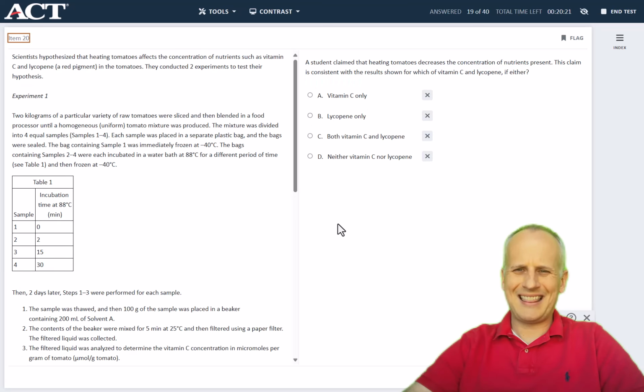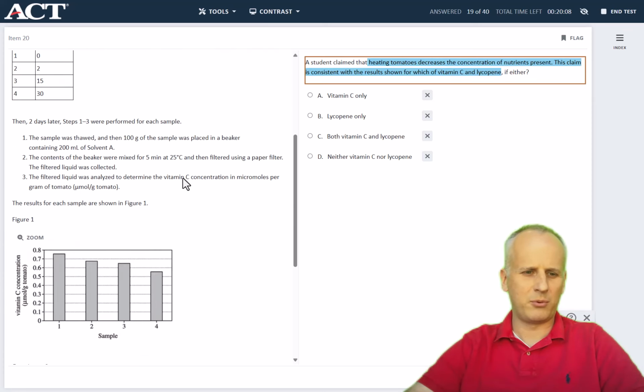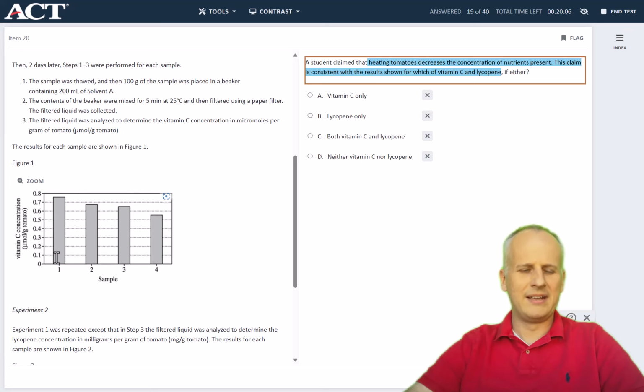A student claimed that heating tomatoes decreases the concentration of nutrients present. This claim is consistent with the results shown for which of vitamin C and lycopene. So heating tomatoes decreases the concentration. If we're looking at experiment 1, we know that the amount of time being heated increases through the sample numbers. 1 wasn't heated, 2, 3, and 4 were, and at increasing durations.